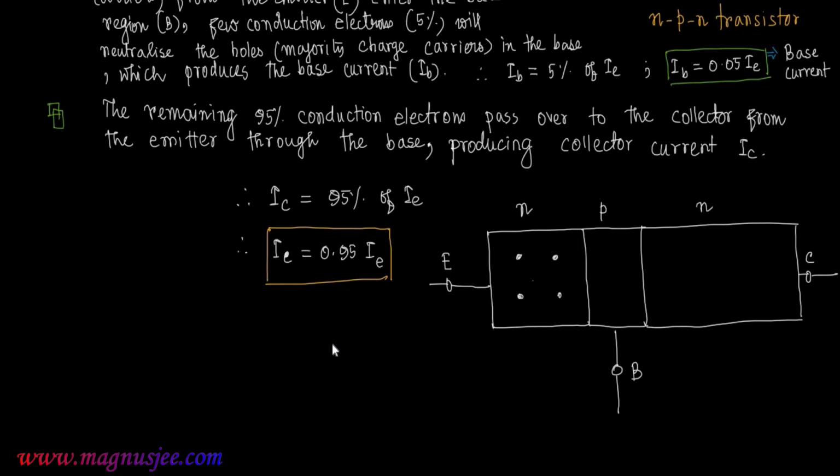We have conduction electrons and holes in the N-type emitter, and also you can denote the majority charge carriers as holes in the P-type base.